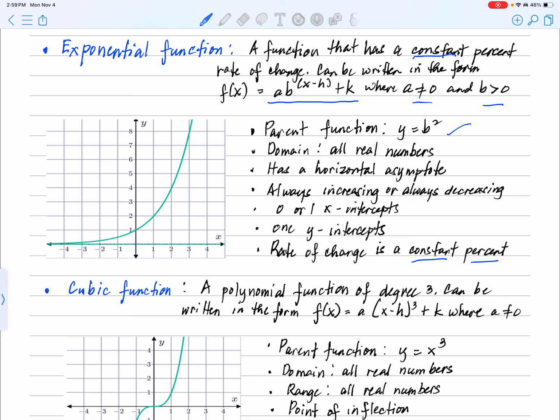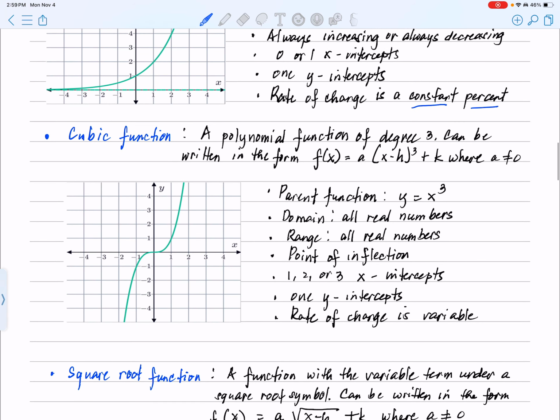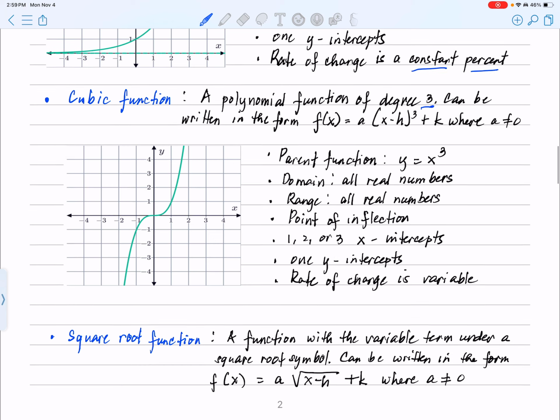For cubic, it is a polynomial function of degree 3. So when you have a function that is raised to the third power, then it is a cubic function, in the form a times x minus h to the power of 3, plus k, where a is not 0. So what are the characteristics? The graph looks like this in the cubic function.